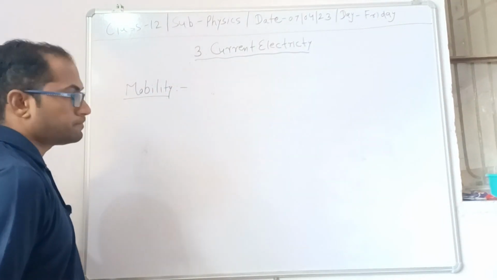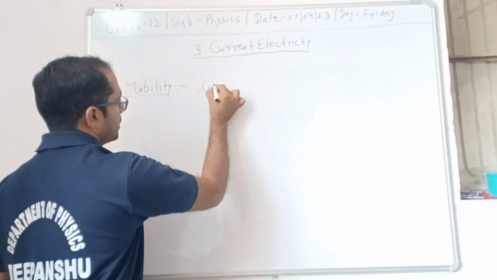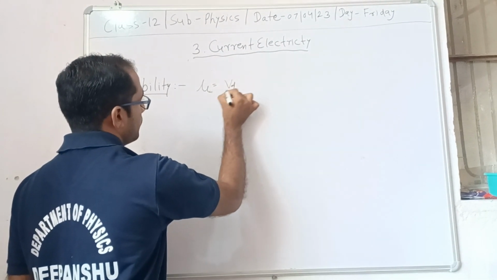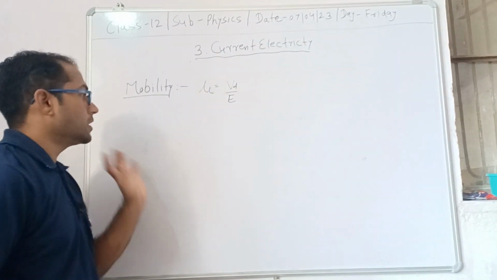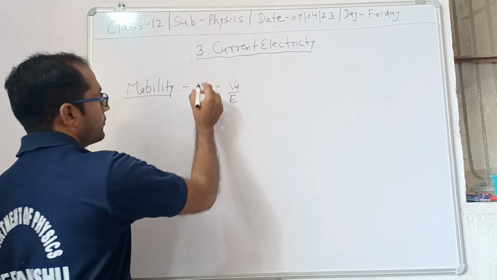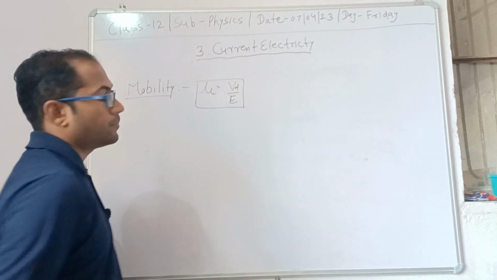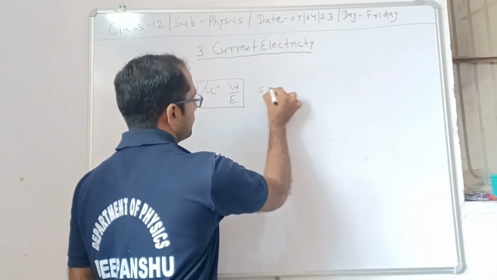Mobility is denoted by mu, and mobility is equal to Vd upon E. Mobility is basically drift velocity per unit electric field.